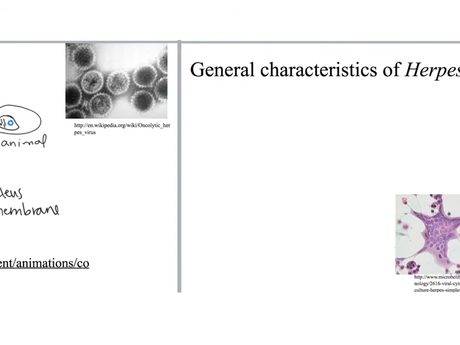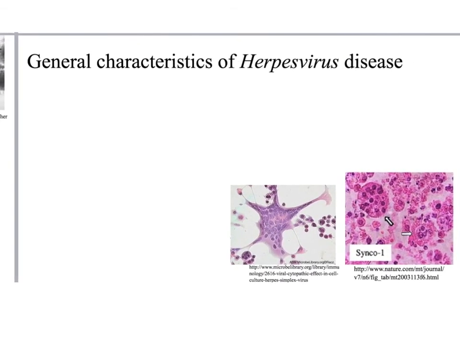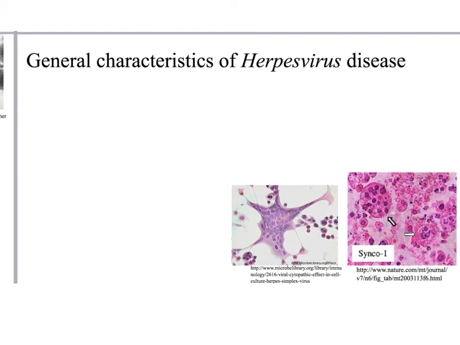Okay, what are some of the effects of herpes virus disease? We're going to look at some of them in a little bit more depth, but we can say a little bit about what all the different genera have in common. In general, they're all going to target the mucosal membranes. So a little cut or break can allow the virus particles in. Think about our lips. How often in the winter are your lips cracked a little bit?